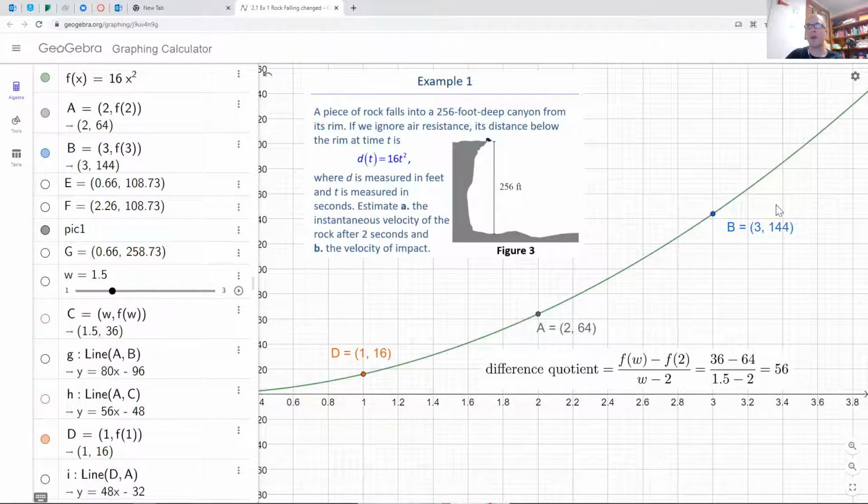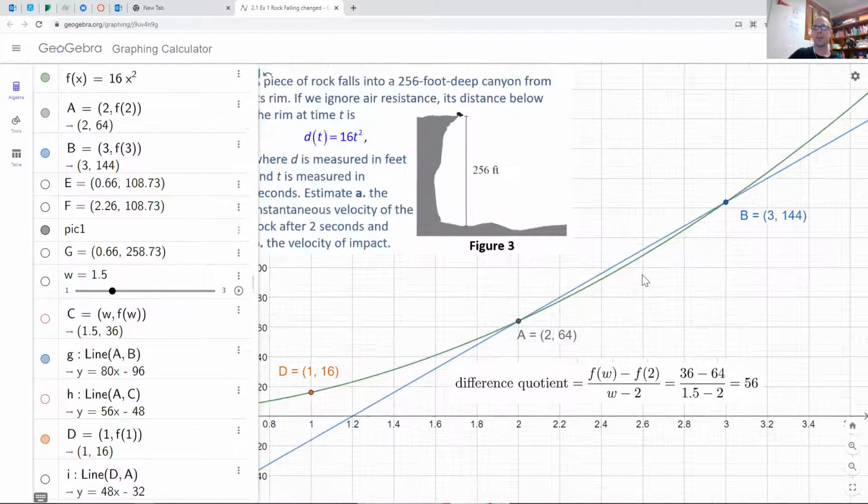But we've got this parabola in green. This was the first point. This is actually where we're hoping to find the slope. And this was the one that we utilized. I think if we make a line through A and B, we can get this blue line.